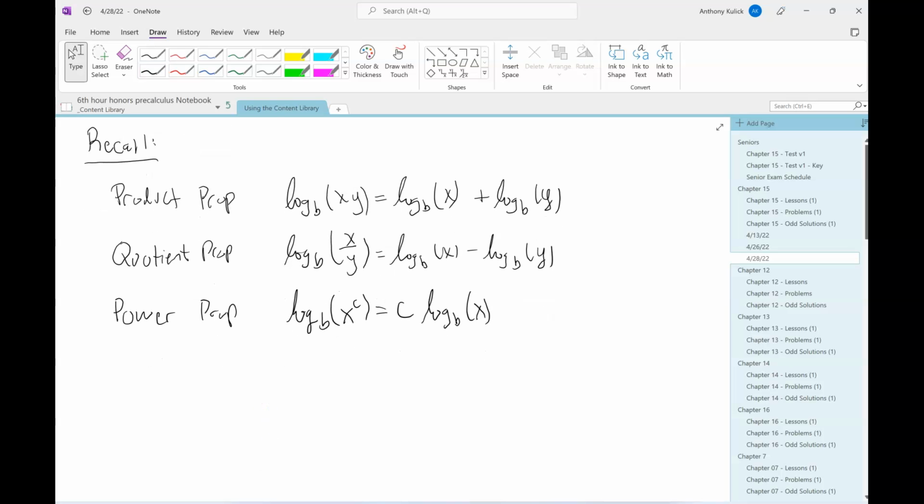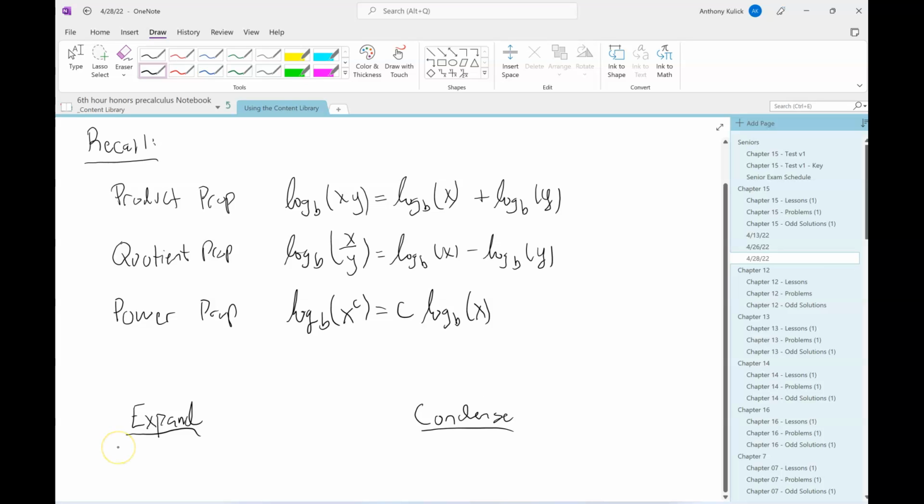So today we're going to talk about two types of problems. Those types are expand the logarithm and then condense or contract the logarithm.